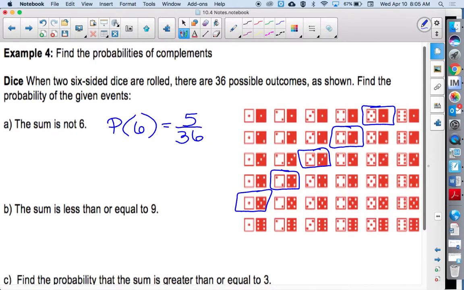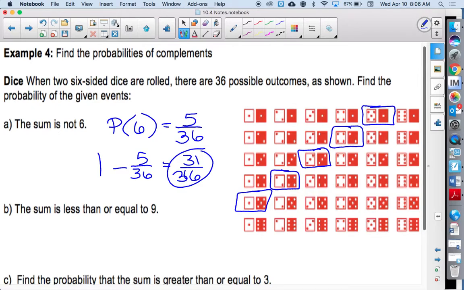By using complements, if I take 1 minus that 5/36, 31 out of the 36 remaining would not be equal to 6, which is everything else that's on here. But it's quicker to add up 5 things than it would be to count all of the remaining dice. So that's why complements can be useful, because you're finding pretty much what's left by adding the smaller value together.